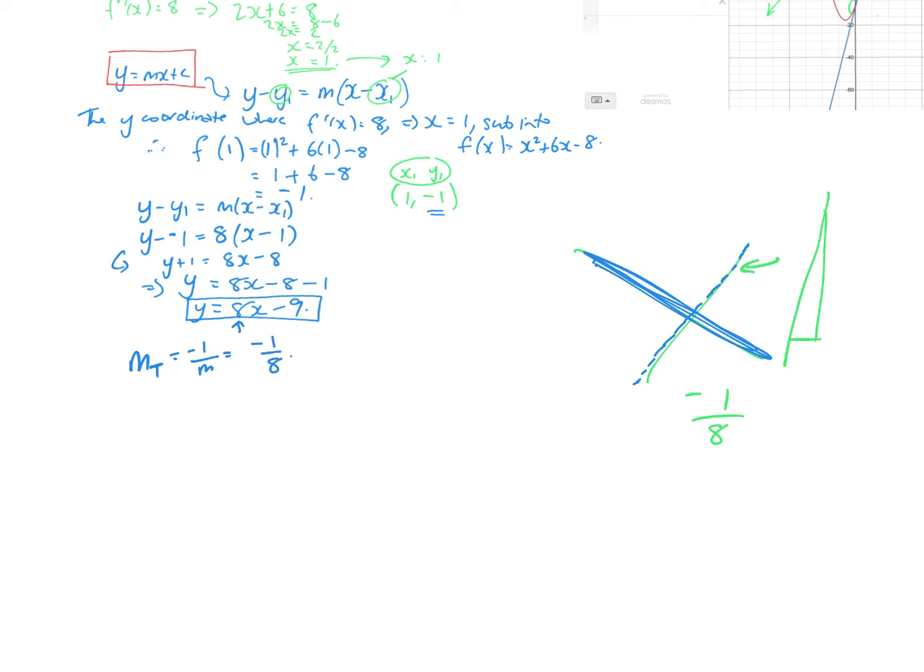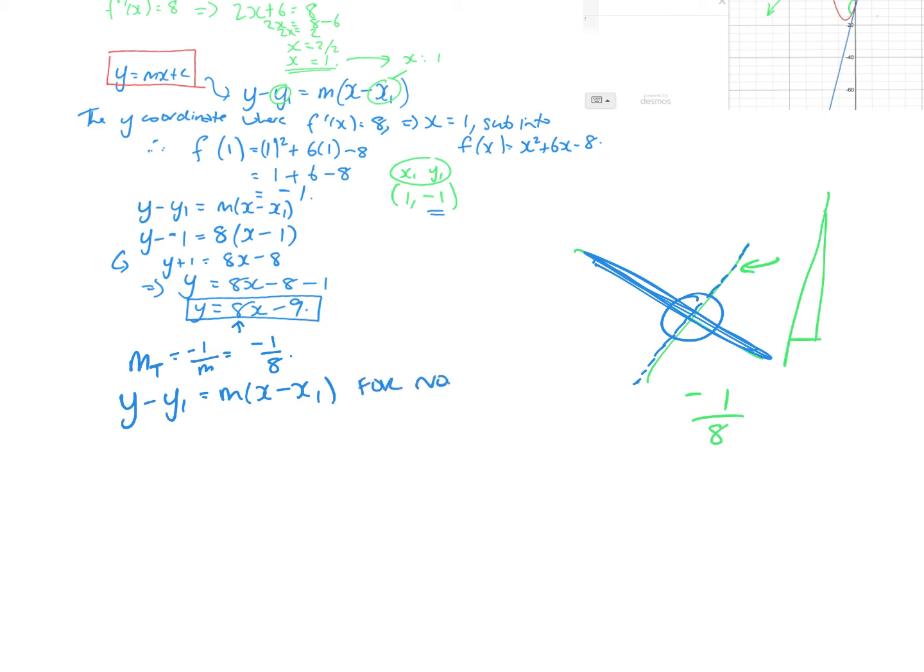And we also know the same point we can use, so that 1, -1 point is the intersect of where the normal goes through. So that point we can use again, and all we're going to do is use this general equation, y minus y1 equals m, x minus x1.